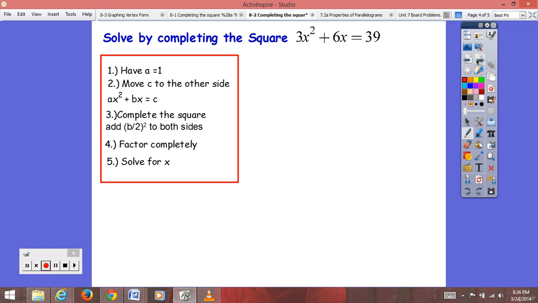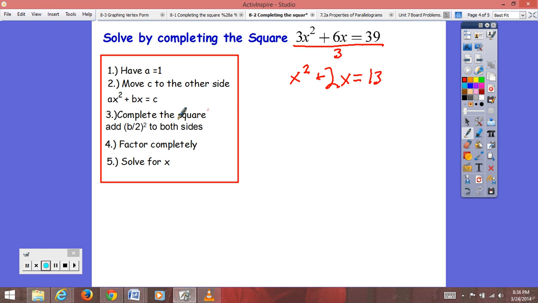Okay, and one last example. We already have our c on the other side. We can go ahead and get a equal to 1 by dividing everything by 3. We're left with x squared, 6 divided by 3 is 2x, 39 divided by 3 gives us 13.